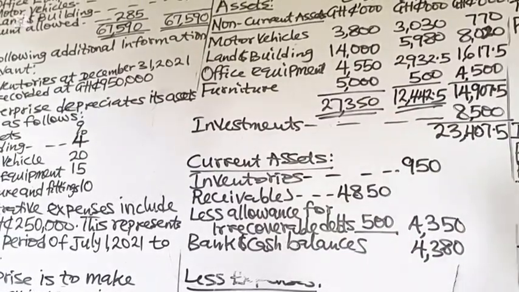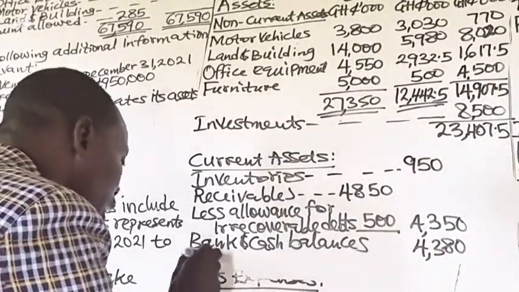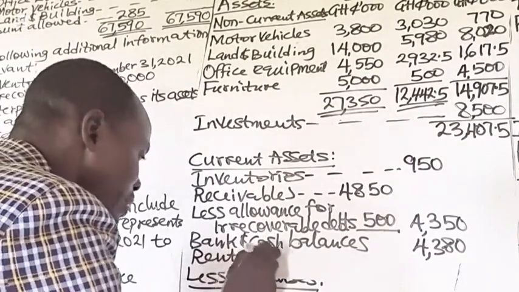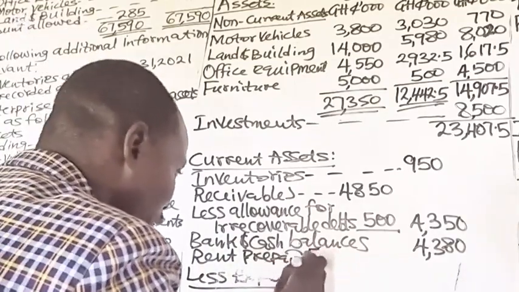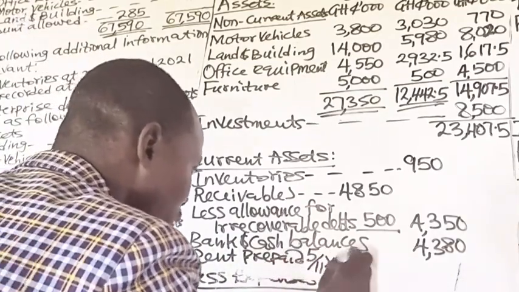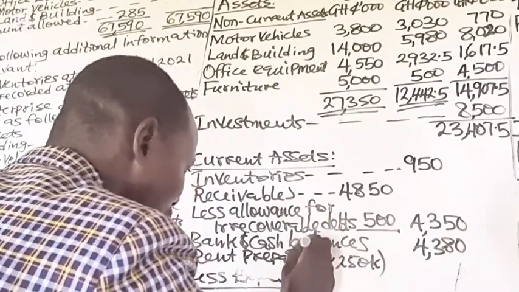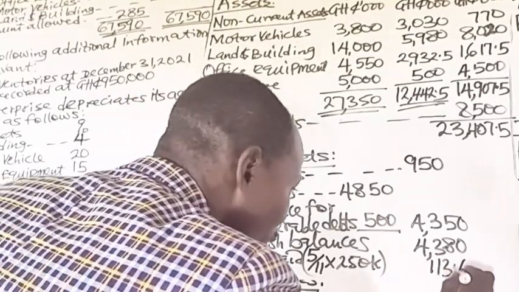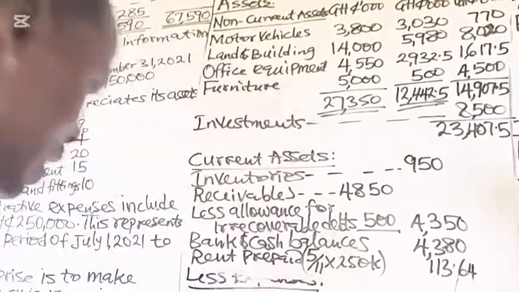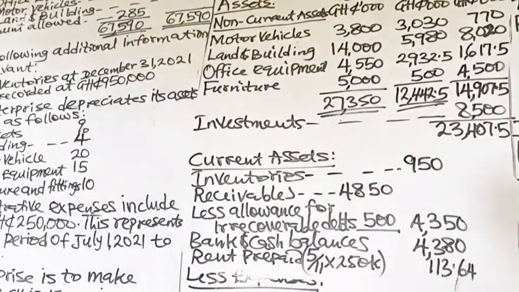This has been shown as an expense where we calculated 5/11 of 250,000, and that gave us 113.64. So it should be treated as part of our current asset.